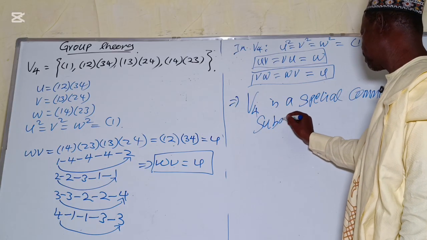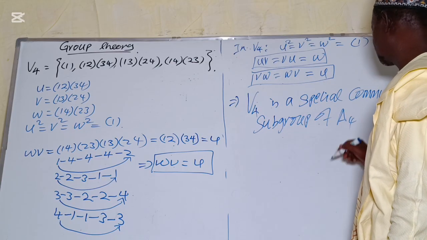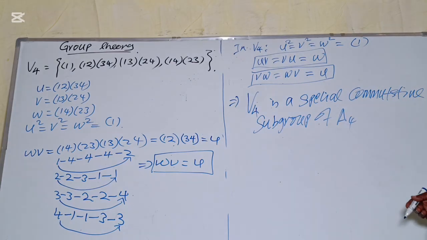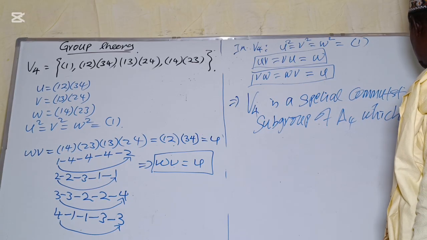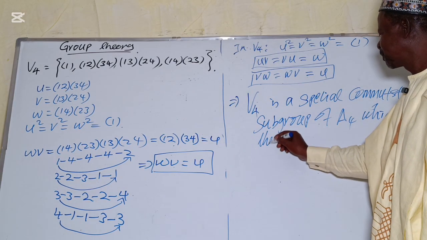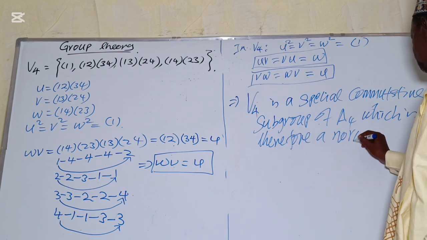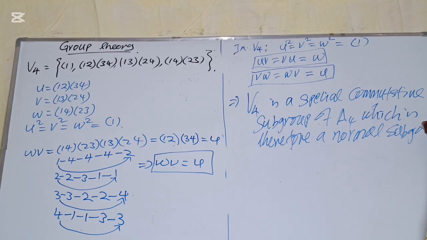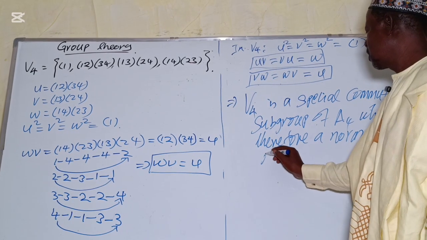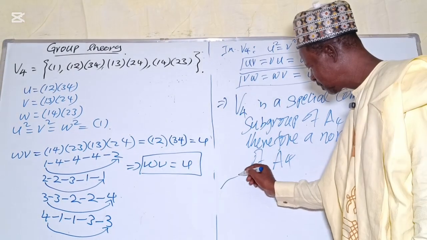Subgroup of A4, okay? And this group is therefore a normal subgroup of A4.